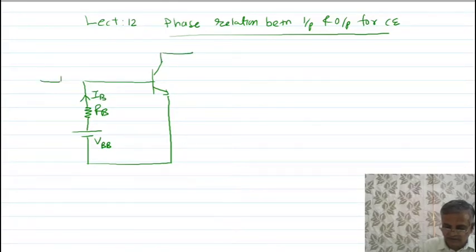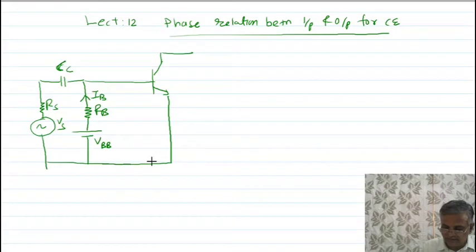Here you are giving the input signal. These are your coupling capacitors. This is the resistance of the source which provides the input signal, and this signal is to be amplified. Here I am showing you load resistor RL.